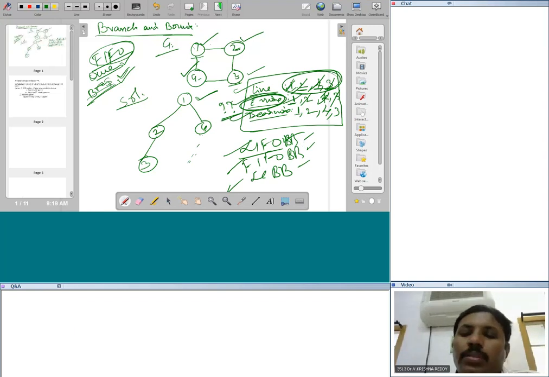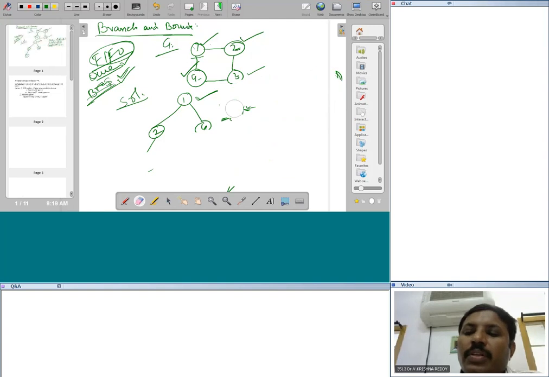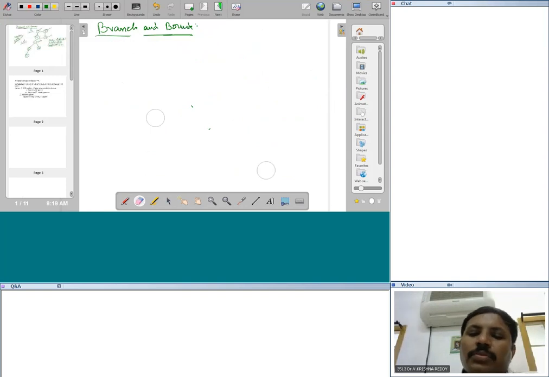I hope this explanation of the meaning of E node, live node and dead node is clear to you, because this is the second time we are explaining what these nodes mean. This explanation is very important for further calculation. The meaning of FIFO, LIFO, LCBB is also based on this node generation only.